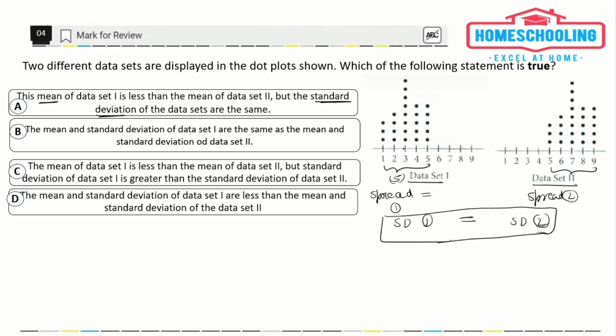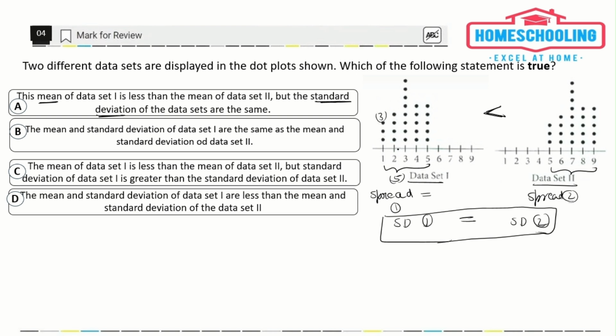As we can see, as you already know, the spread is equal here, but the corresponding values of those data points are higher in this data set. Let's consider this one here. We have 3 data points and the corresponding value is 1, so its value would be 3.